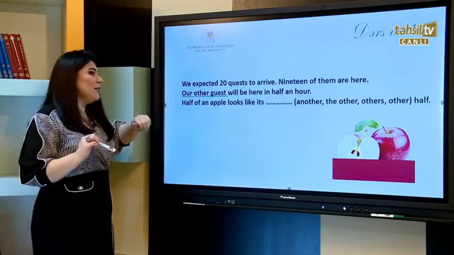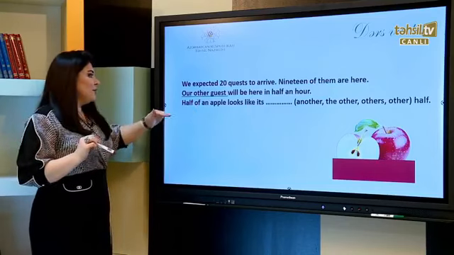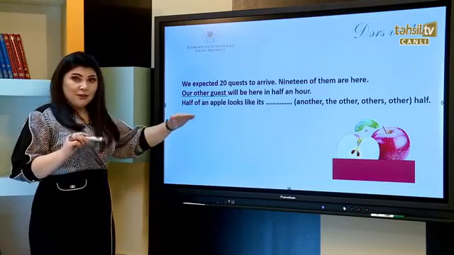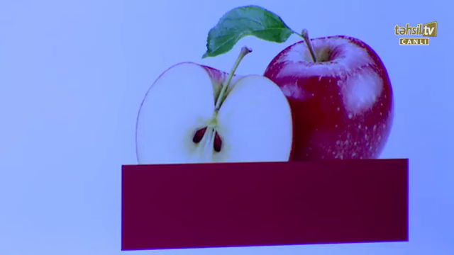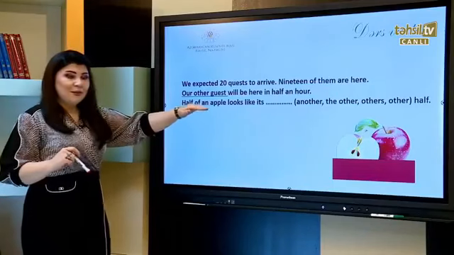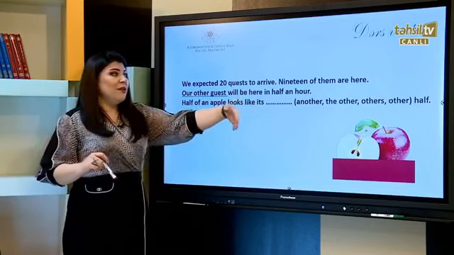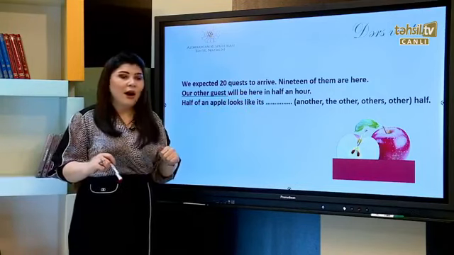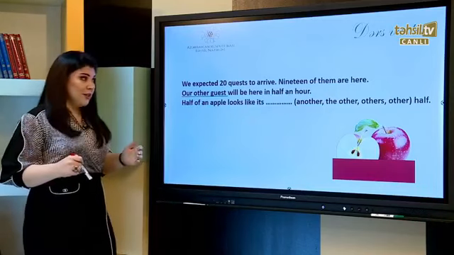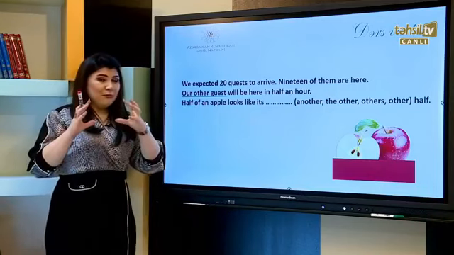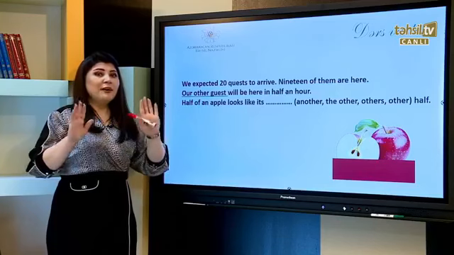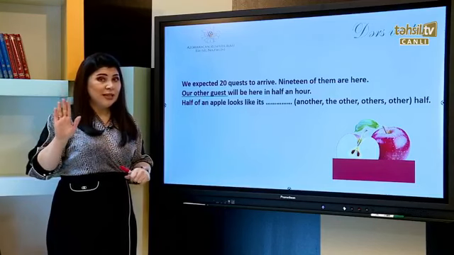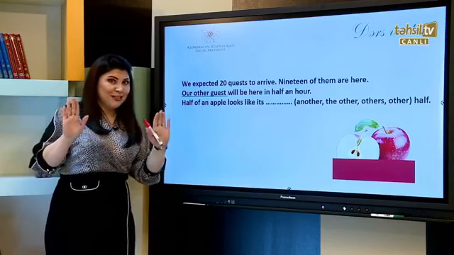Is it clear? Or another question. Half of an apple consists of 2 parts. Half of an apple looks like it's. We have another, the other, others, other half. What shall we choose here? How do you think? Do you remember I said, for example, I have 2 hands. One is my right hand and the other is my left.